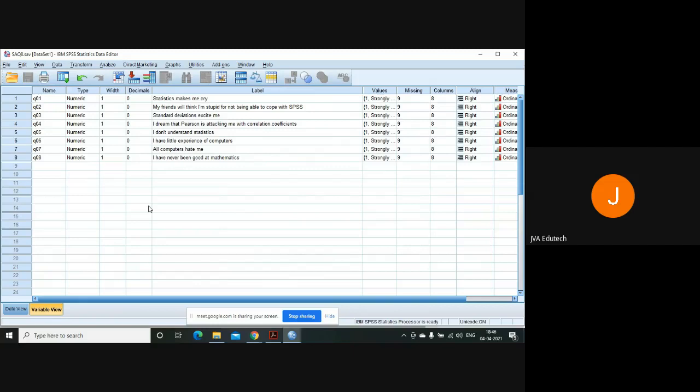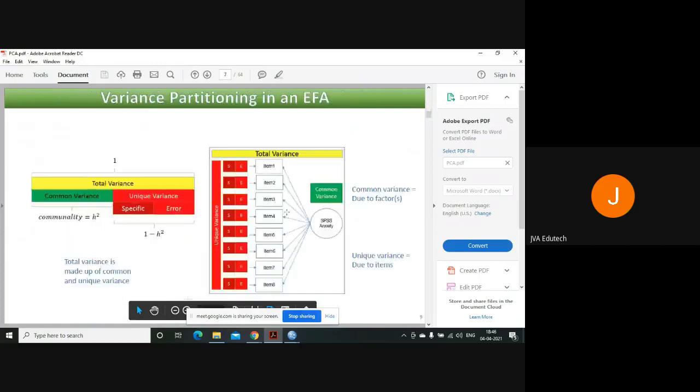So all comes under factor analysis, all comes under dimension reduction, but based on the variance partition, the methodology differs. One is principal component analysis and another one is common factor, this exploratory factor analysis.